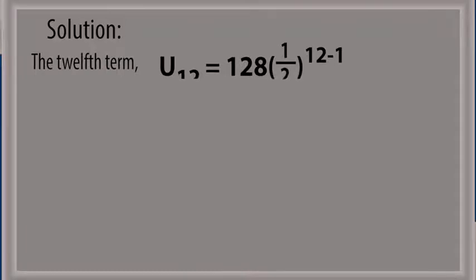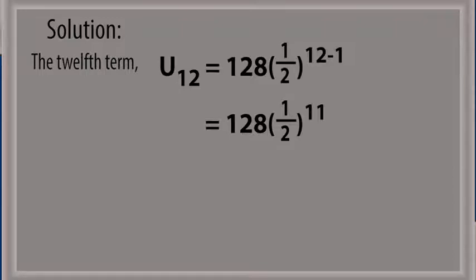So for the 12th term, we have U12 is equal to 128 times 1 over 2 raised to the power 11. And that will give us 128 times, remember 2 raised to the power 11 is 2,048.